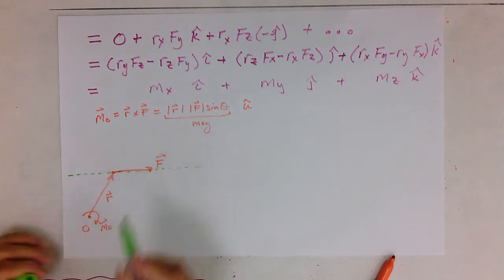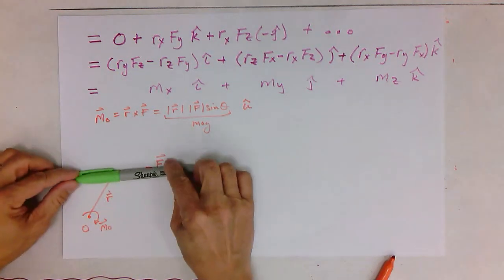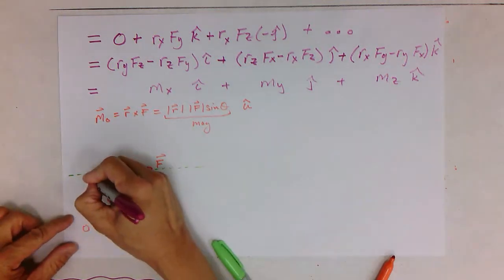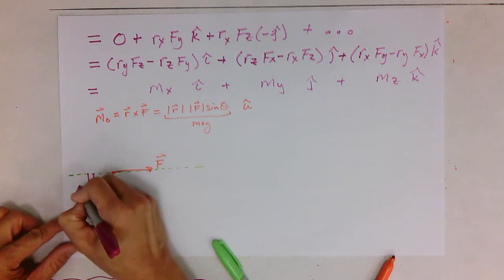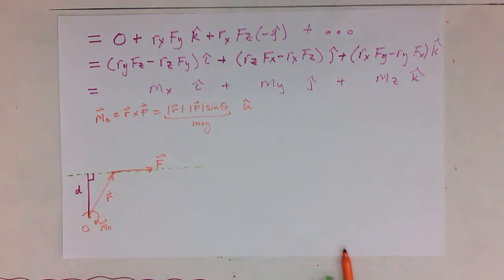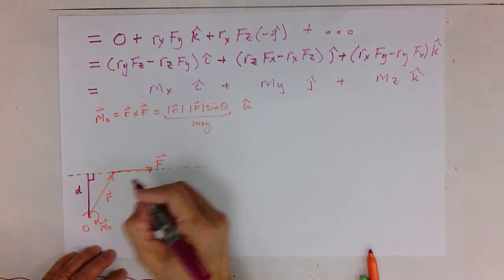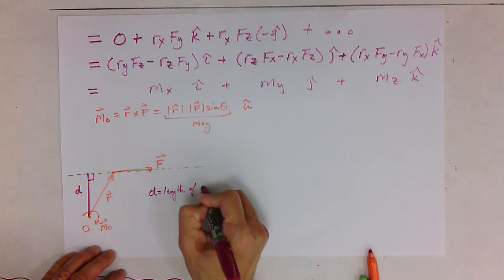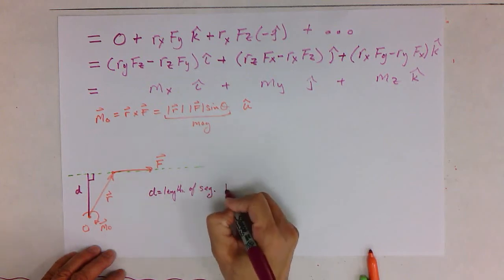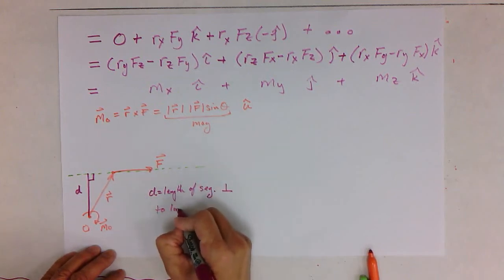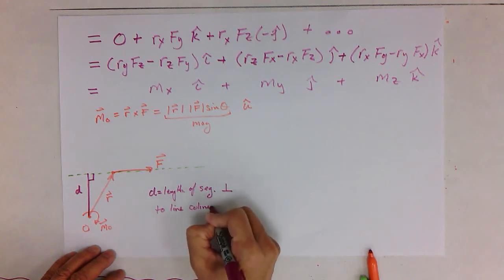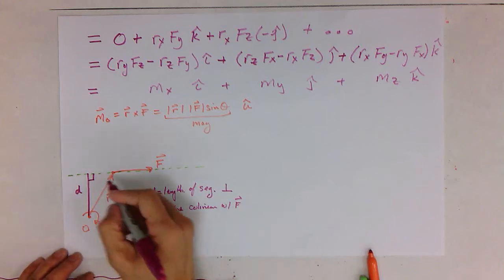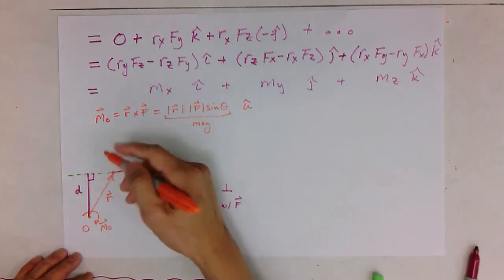So the first thing I'm going to do is take a line that's collinear to F. And I'm going to draw the perpendicular line here. And I'm going to say the length of this segment is D. So D, length of segment perpendicular to line collinear with F. All right, so if we look at geometry here, where's our angle theta?